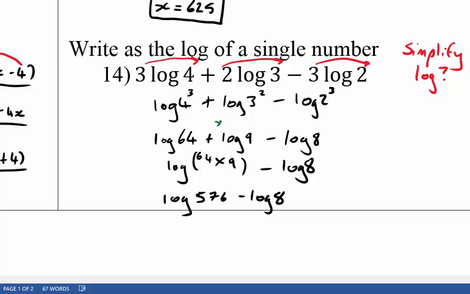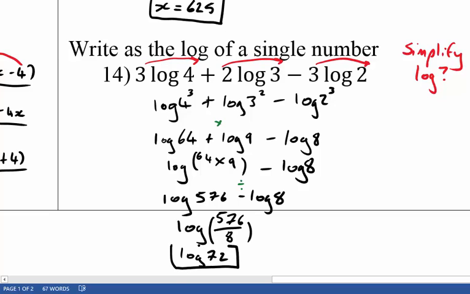When I'm trying to combine logs, the minus sign is similar to a divide. So I'm going to go log 576 over 8. And that is going to be equal to, again I have to do that on my calculator, 72. And that there is my answer, because I'm just trying to get to a log of a single number. And that ends revision sheet number 3.